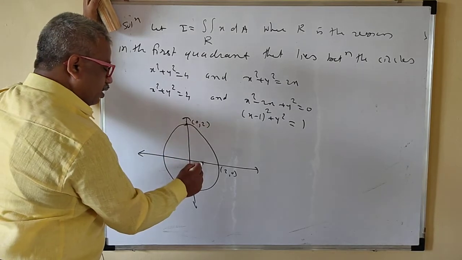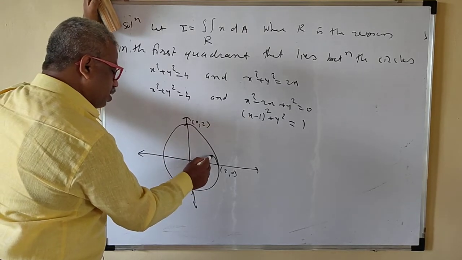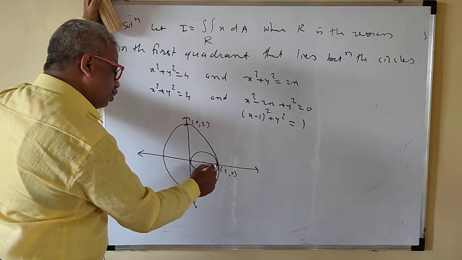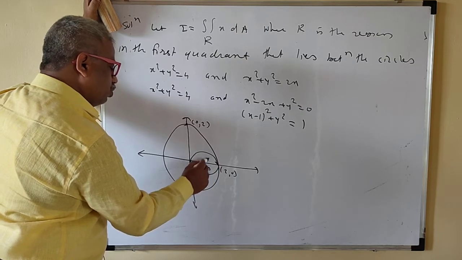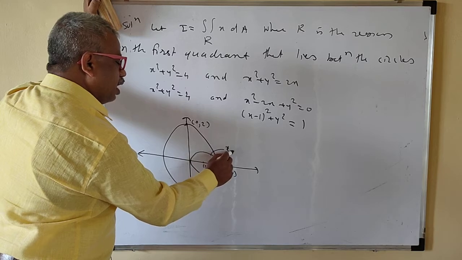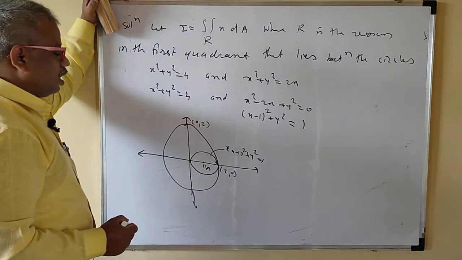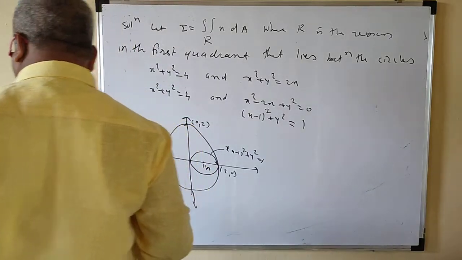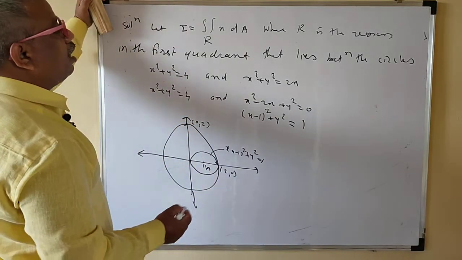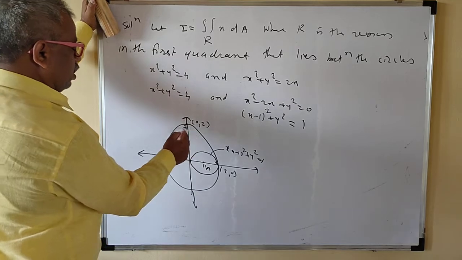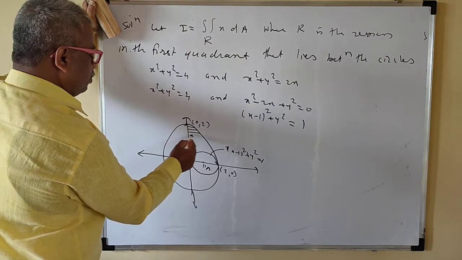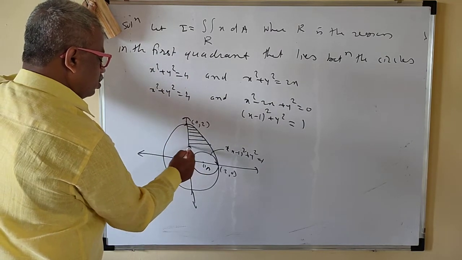Here is the center (1, 0), and this is your circle, (x − 1)² + y² = 1. Now your region of integration is bounded by two circles.